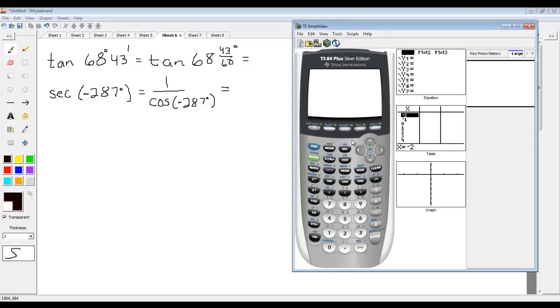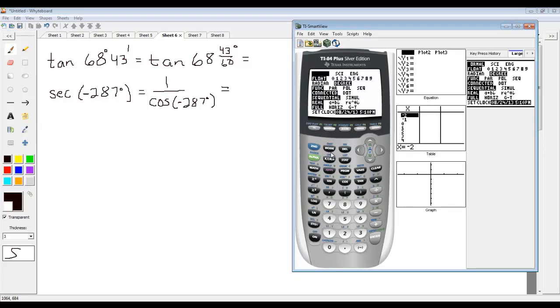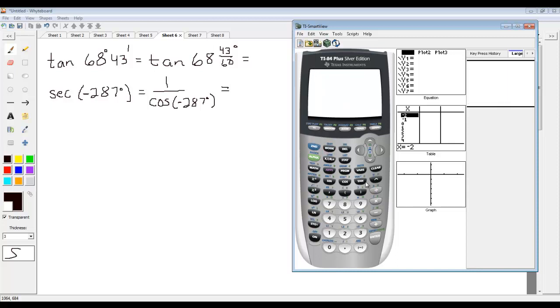Alright, so let's do the first one. First of all, let's double check our mode, make sure we're in degree mode. Then, let's see, tangent. Let me go ahead and put in 68. Remember, the angle menu has degrees right there for number 1. And then 43 minutes.